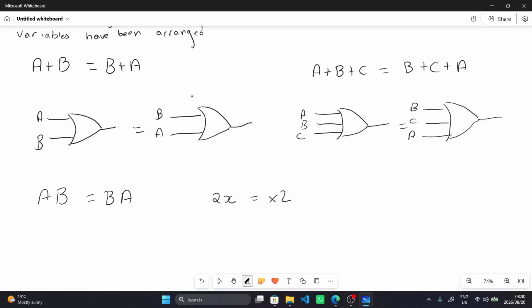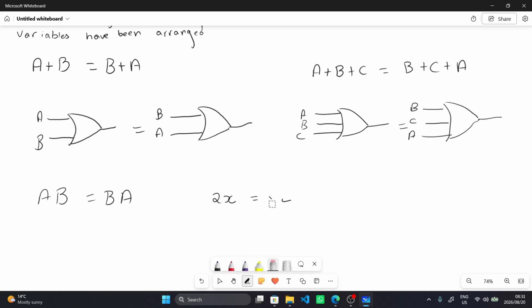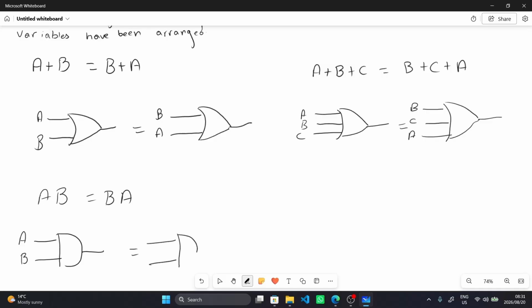We are using a similar method here, and this is just an AND gate. Multiplication is related with AND gate, so we'll have our AND gate here, with AB and BA.